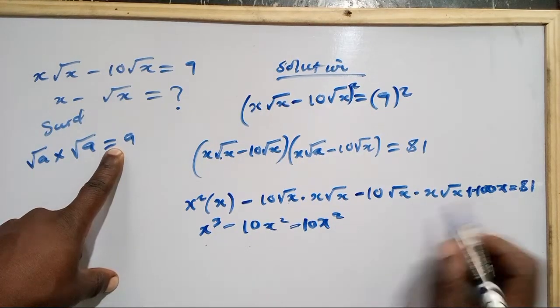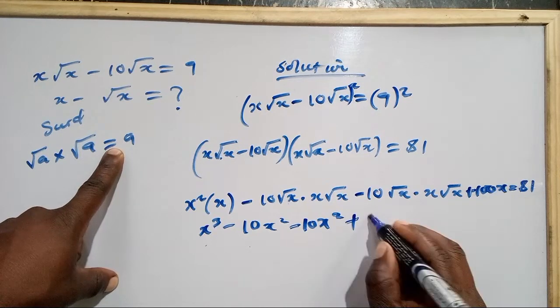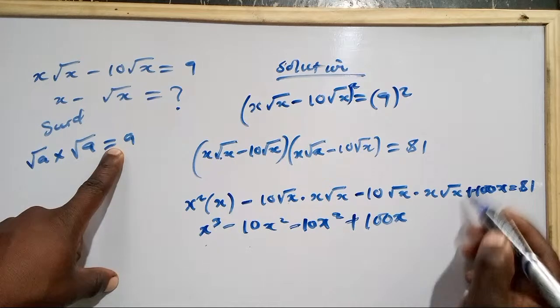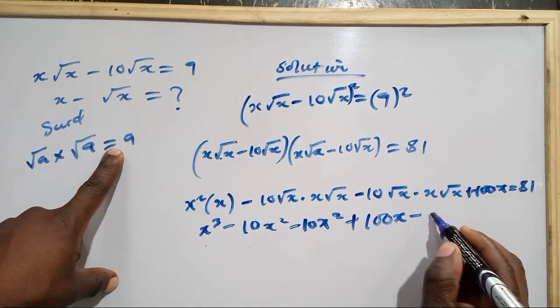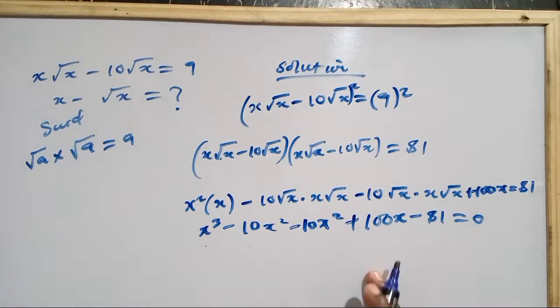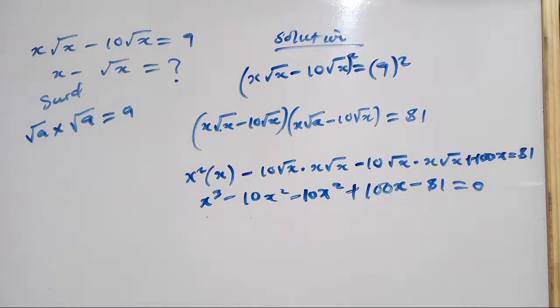Here you have plus 100x, then when 81 crosses the equal sign, you're going to have minus 81, which is equal to 0.